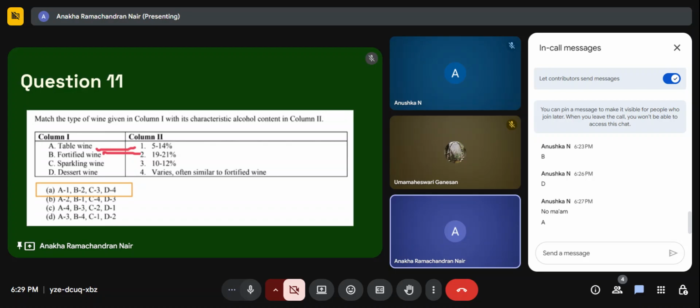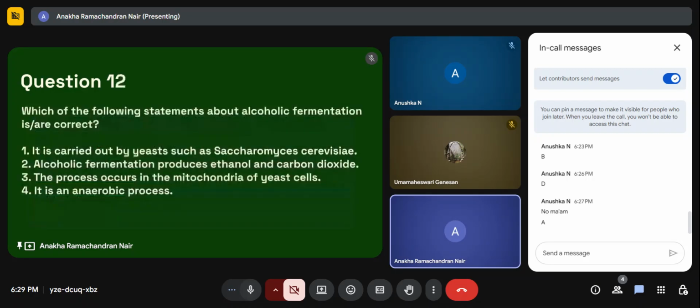Sparkling wine has around 10 to 12%, which is the normal range. And dessert wine can vary, often similar to fortified wine. It's just sweeter in taste because of the added sweetness, right? So you were correct. So let's move on to question number 12 if you don't have any doubts.